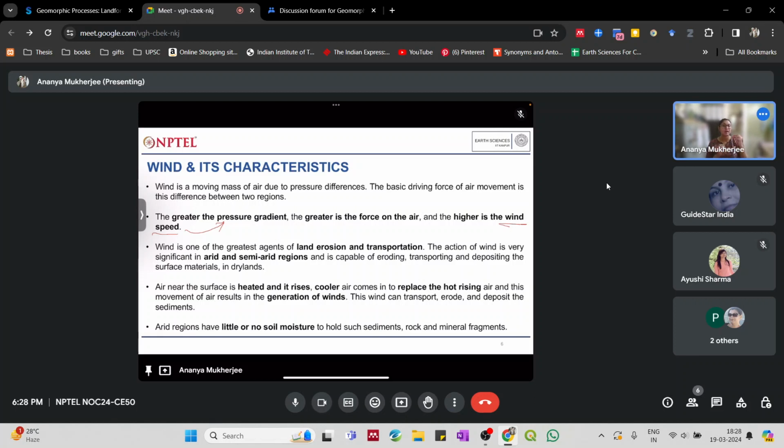strong winds. And if the winds are very strong, they can erode and transport sediments on their own. Wherever these winds face a barrier or an obstacle in their course, or if the wind speed decreases because of natural causes, they can deposit the sediments over a large area.